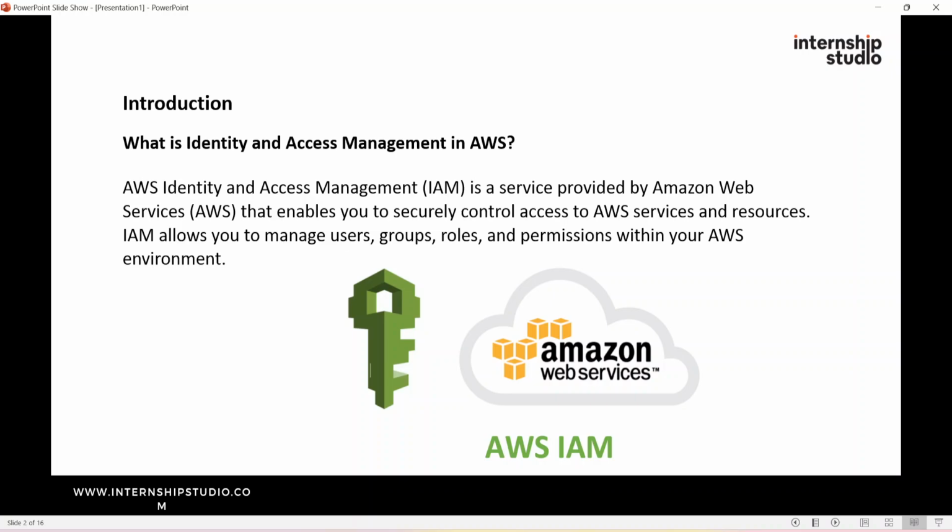So the first option we have is users. Since in the definition it says that IAM allows you to manage users, let's take the first component, users. Imagine them as your guests and staff.